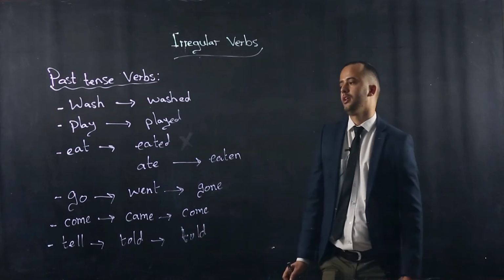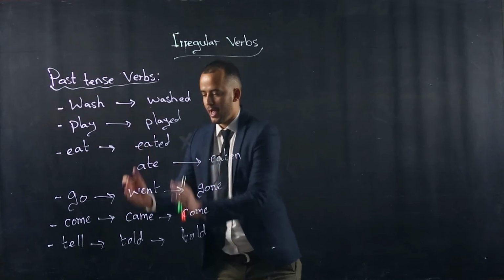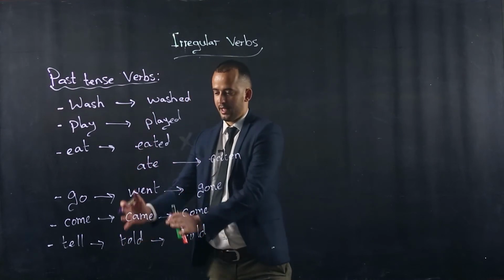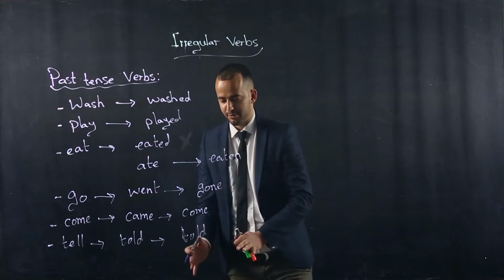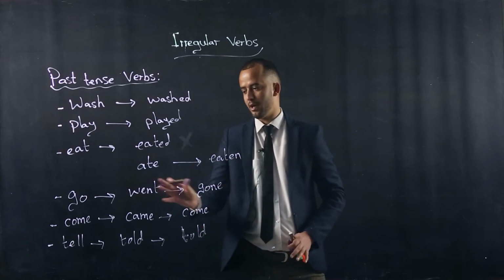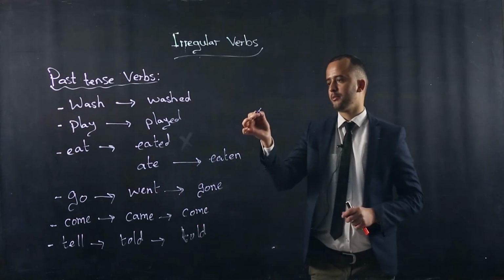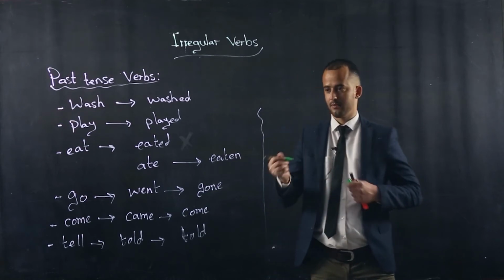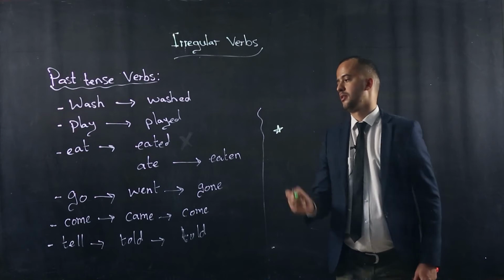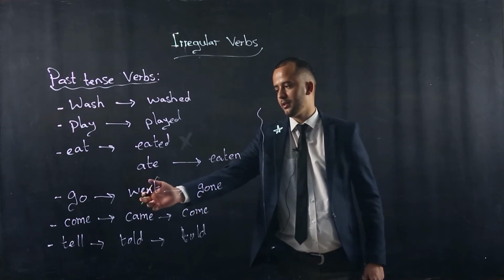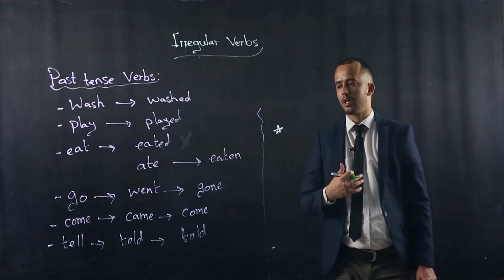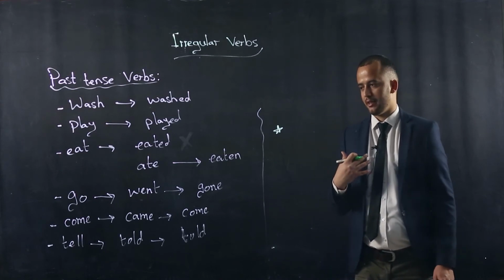Okay, great. Now what's the difference between the past simple tense of the verb and the past participle? Both of them are past, but the difference between them is that we use went to talk about something that happened in the past.